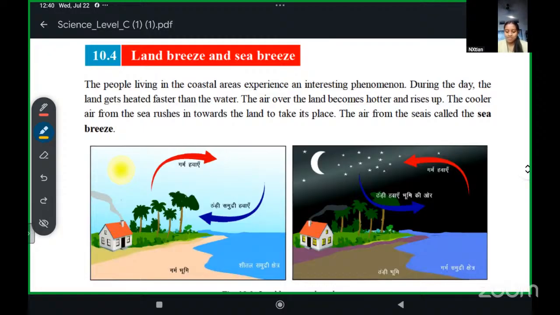So the warm air from the land rises up, and the cool air from the sea comes to take its place. This breeze that is coming from the sea is called sea breeze.